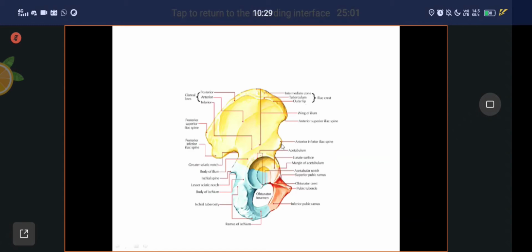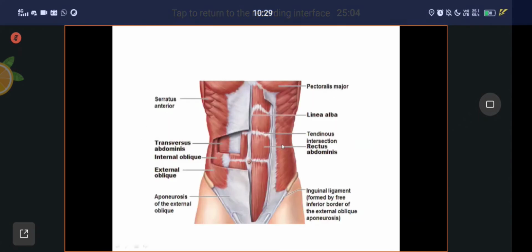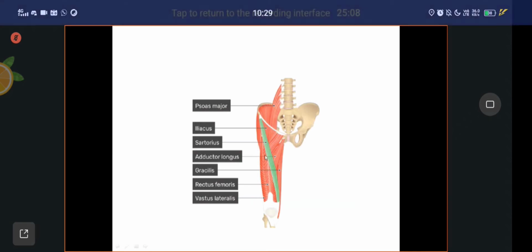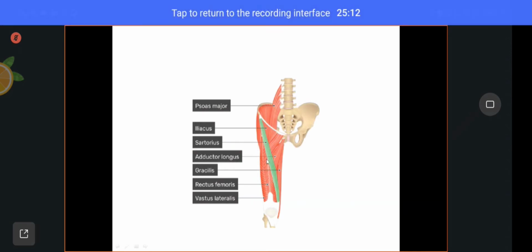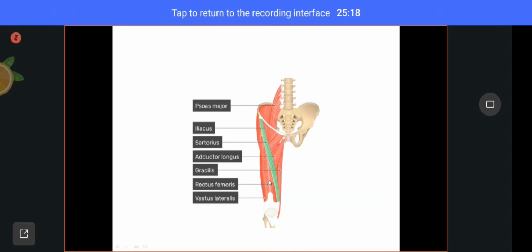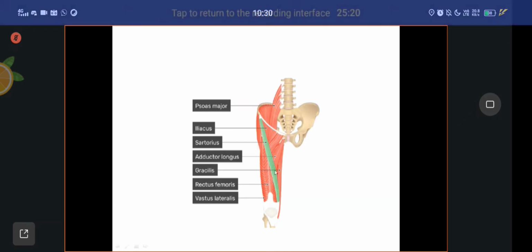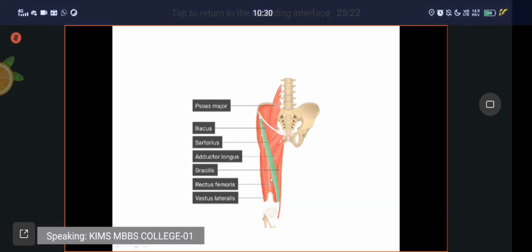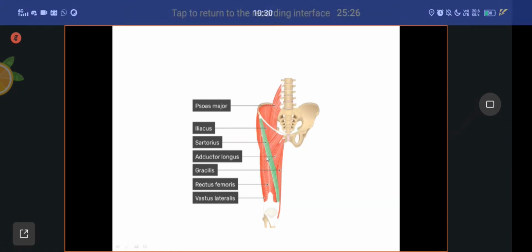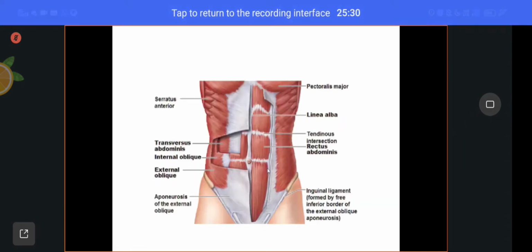The rectus femoris is present in the anterior or extensor compartment of the thigh. So we have discussed two muscles in the anterior compartment of the thigh: one is the sartorius and the second is the rectus femoris, which I am showing you with the arrow.